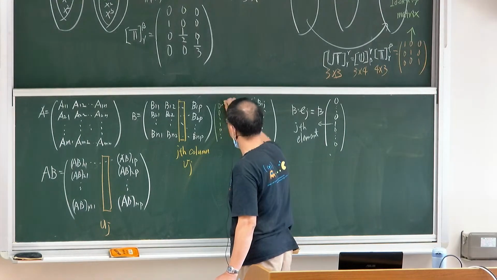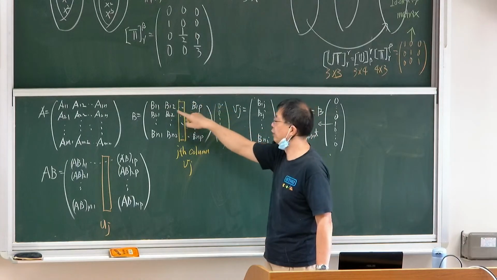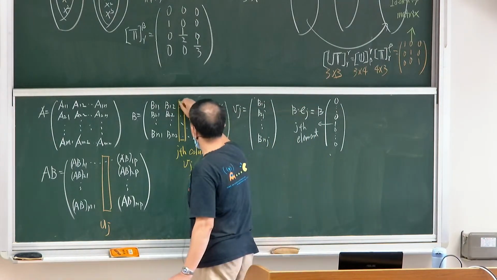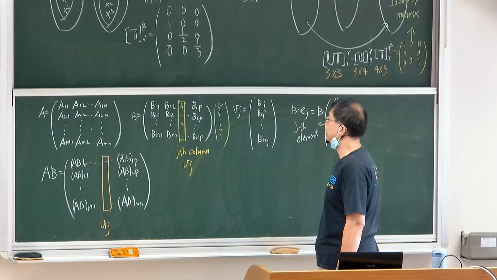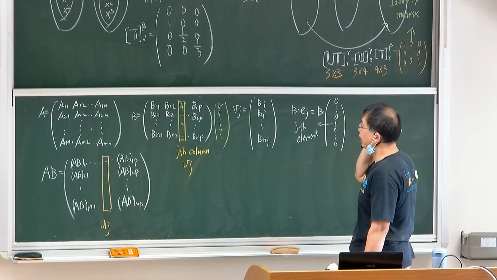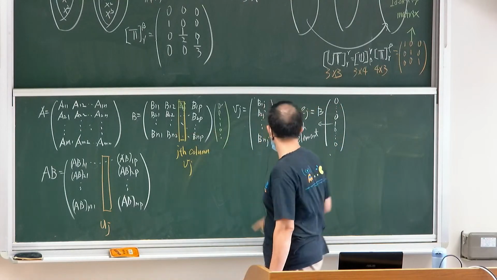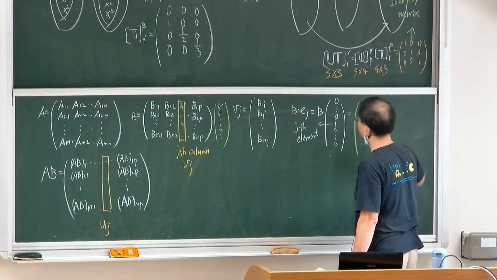If we take Ej in this form, and perform the multiplication with 0, 0, 1, 0, we find B11 times 0 equals 0, B12 times 0, and so on, until B1j times 1. After we do the multiplication, we get the first element B1j.